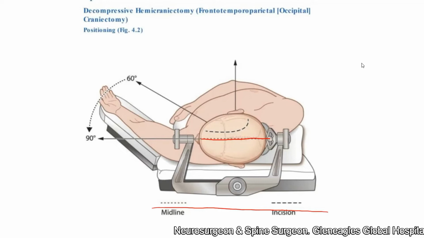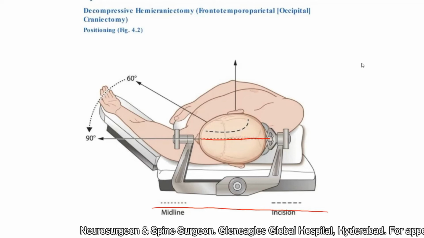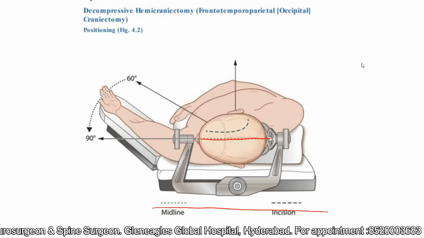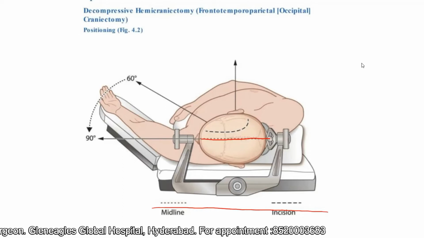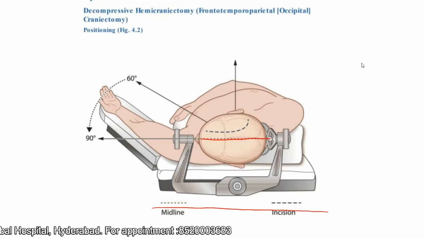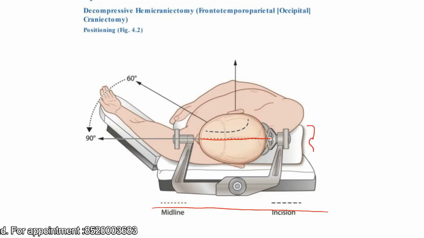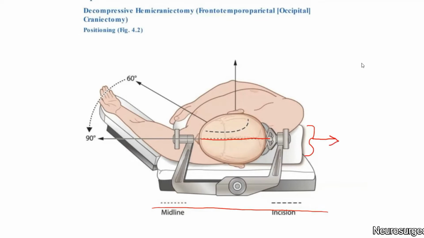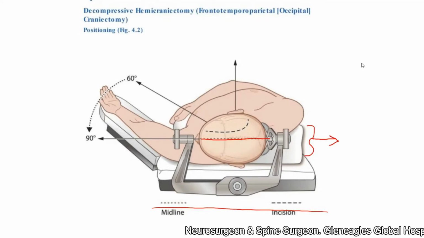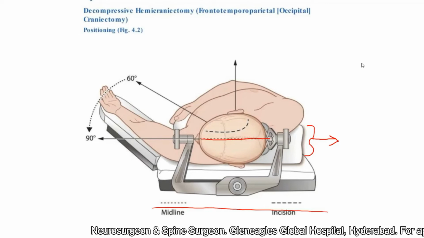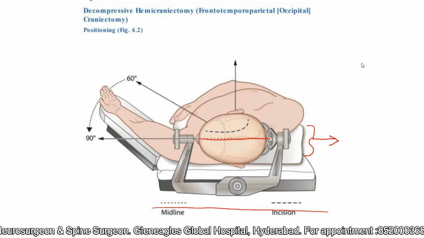To facilitate this head rotation, depending on the body habitus of the patient, flexibility of the neck, you can use a rolled up pillow or a shoulder rest. We use a sandbag in our setting. So you can use it of appropriate thickness so that the torso rotates a bit.